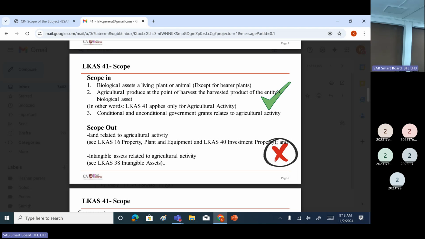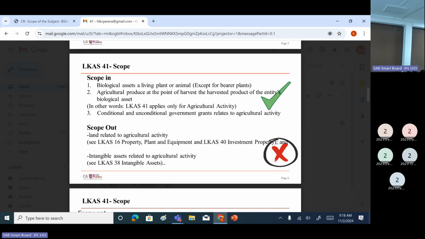So for biological assets, we have two parts, living plant and animal. Let's have this.